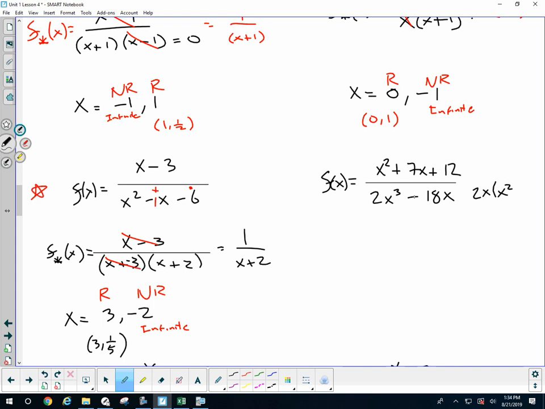If I divide 2x out of -18x, I have -9. And yes, my numerator is x plus 4 and x plus 3, because I'm an expert trinomial factor person.